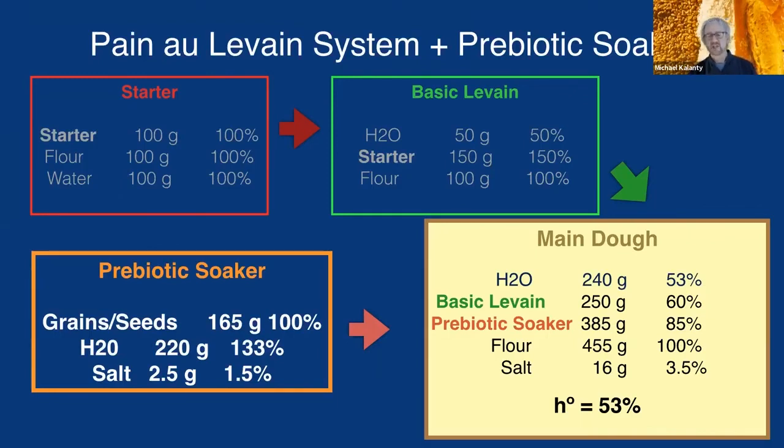And again, you can see that the hydration of my main dough, that 53%, I know sounds low, but that is independent of how much water the soaker's bringing in. It's just a question of how much water, 240, I'm adding to my flour, 455, because I don't want that water to be a wild card once I have fermented all of these things overnight.